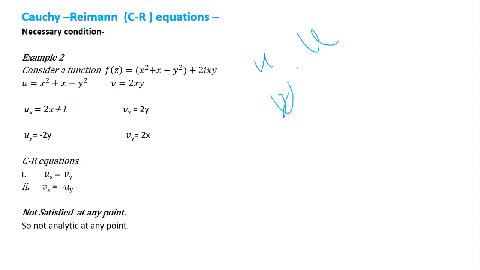Ux has to be equal to vy, but it's not equal. So the CR equations are not satisfied at any point. If the CR equations are not satisfied, then definitely we can say the function is not analytic.